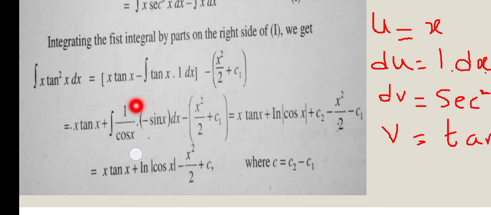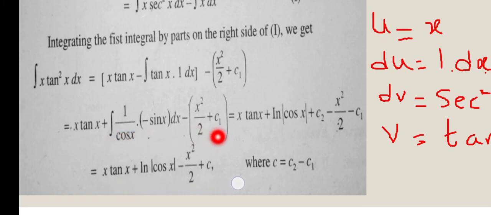And when we have the derivative of some function divided by that function, we have integration as ln of that function. If we have integration f derivative of x divided by f of x, then what will be the integration? Integration will be ln of f of x. And what is f of x here?